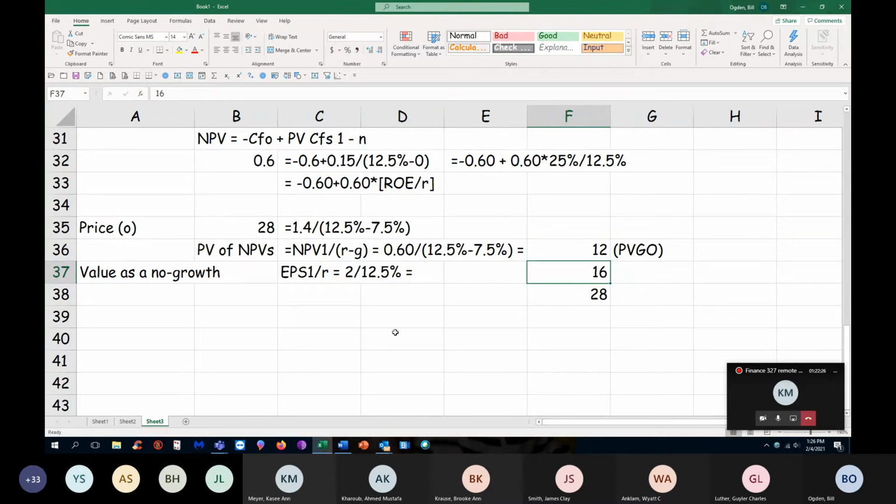So it earns $2 every year and pays it all out. It would be worth $16. And those add to our price according to the model, the constant dividend growth model, of $28 per share.